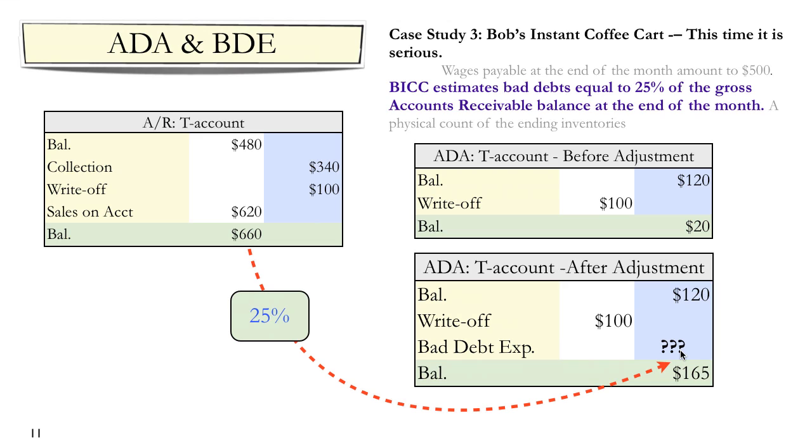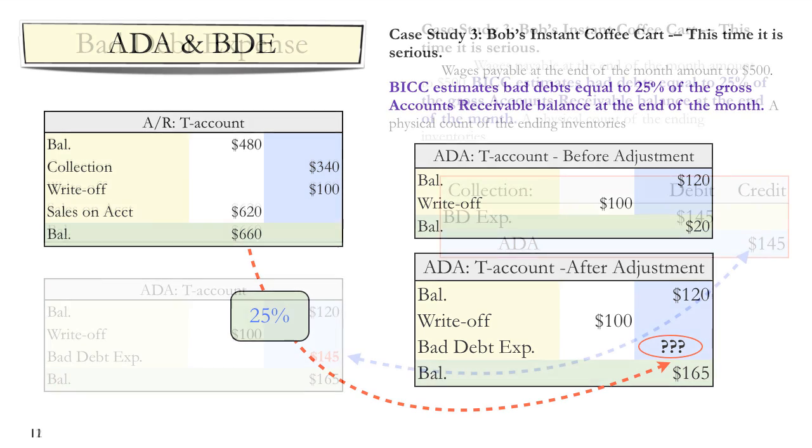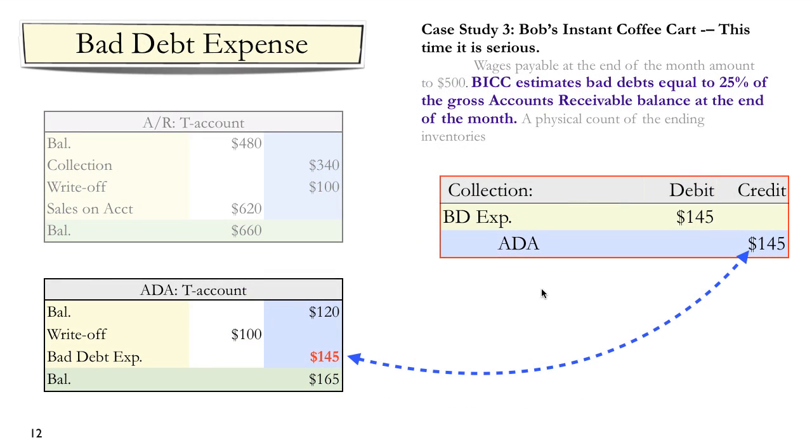So what remains then is how do we go from this credit balance of $20 to a credit balance of $165. And this amount will be the bad debt expense for the period. Well, it's not too hard to determine that the credit that's required is $145, and we recognize the bad debt expense as $145 and credit the allowance for doubtful accounts $145.